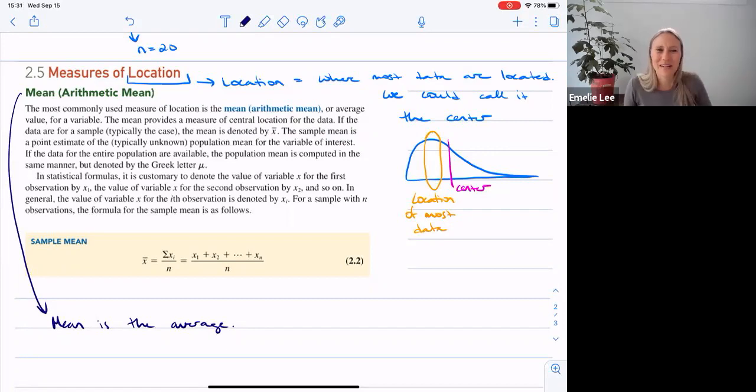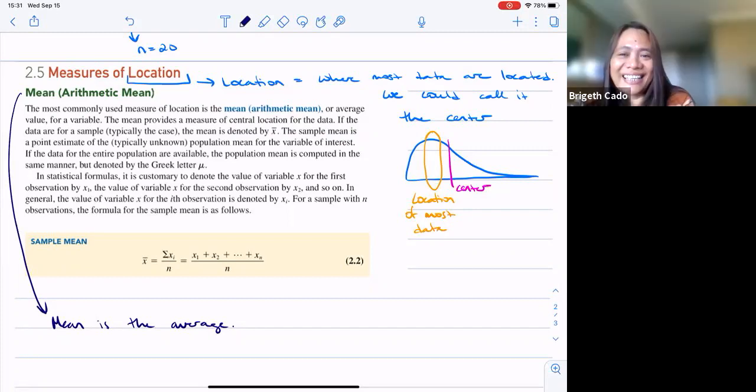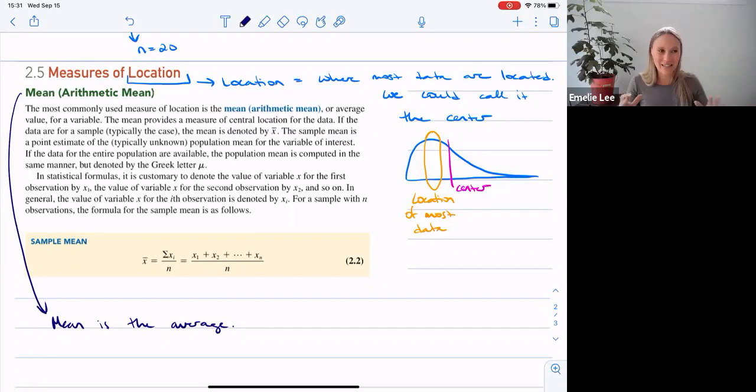See, we don't need to calculate it. Well, we need to calculate it, but not by hand. We need it a lot, but we don't need to calculate it. Okay. And so the mean is the average. We know how to calculate the average, right? And so that's not the hard part.